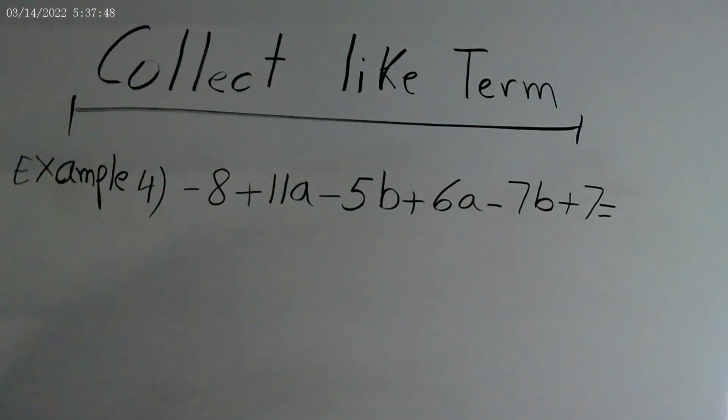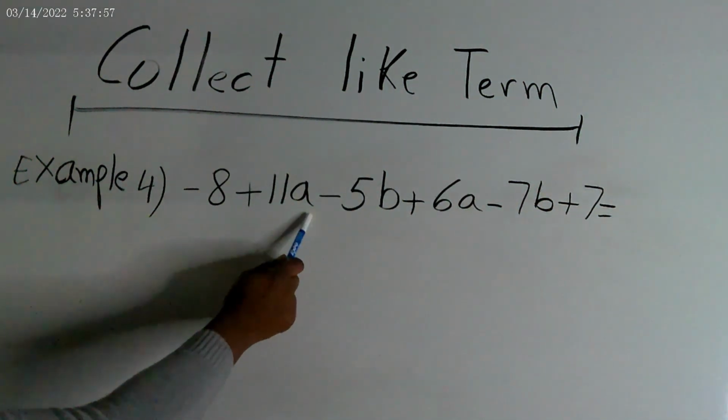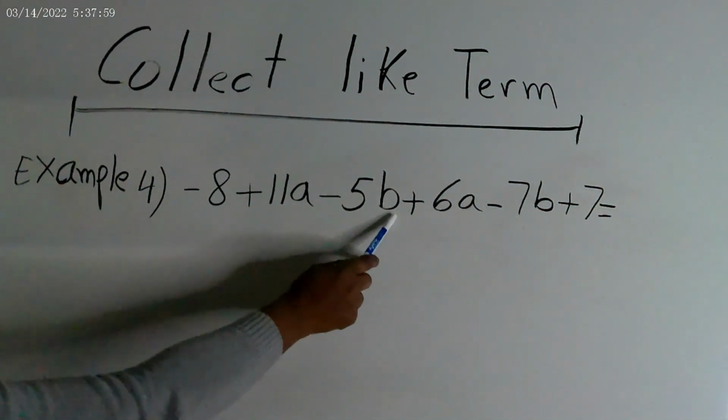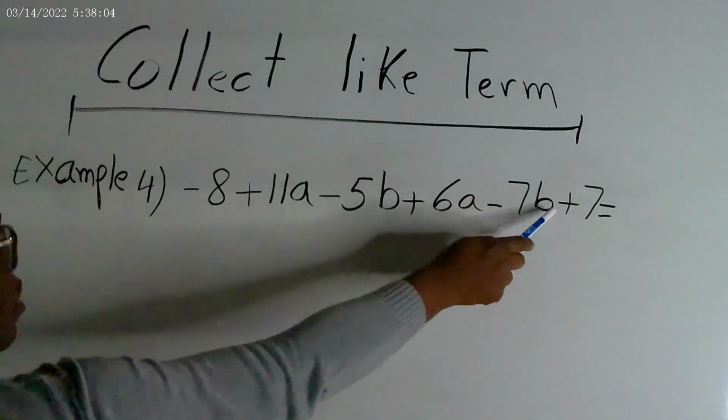Okay, next one. We have minus 8 plus 11a minus 5b plus 6a minus 7b plus 7.